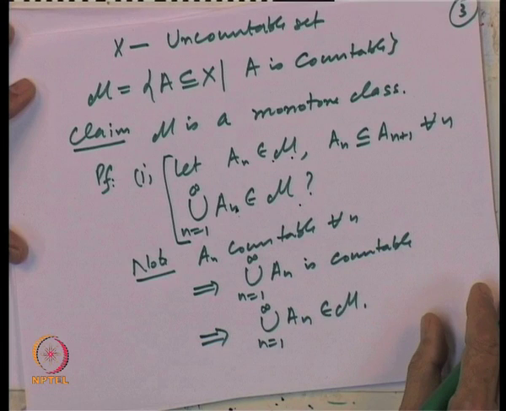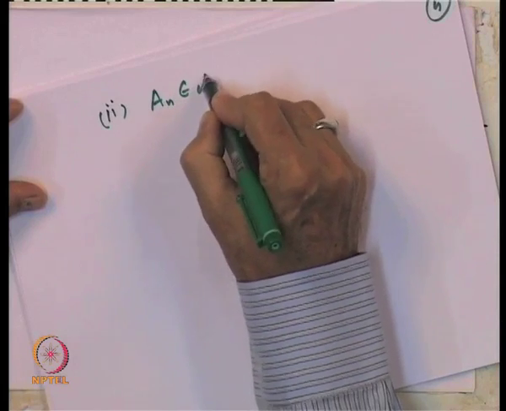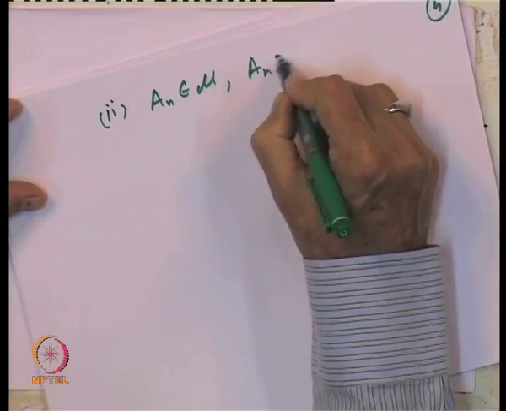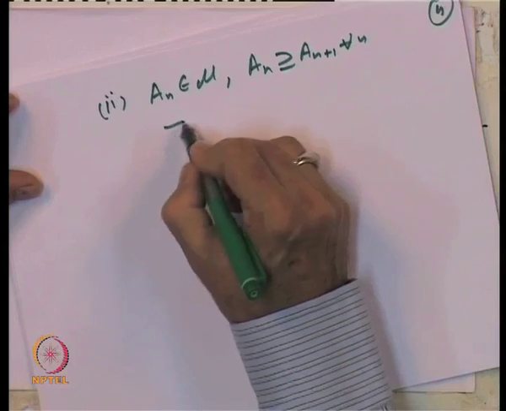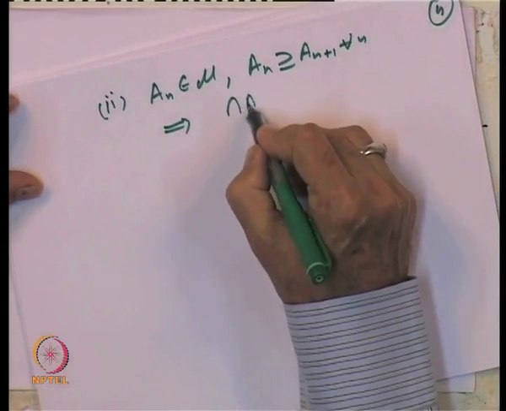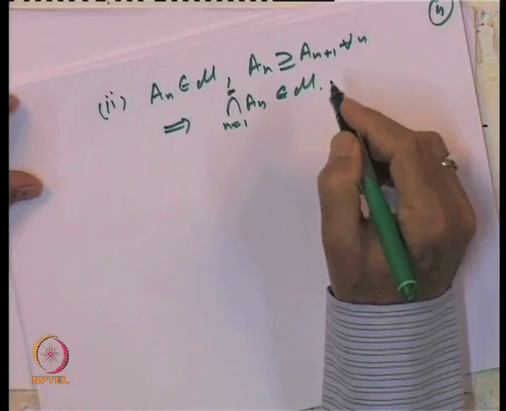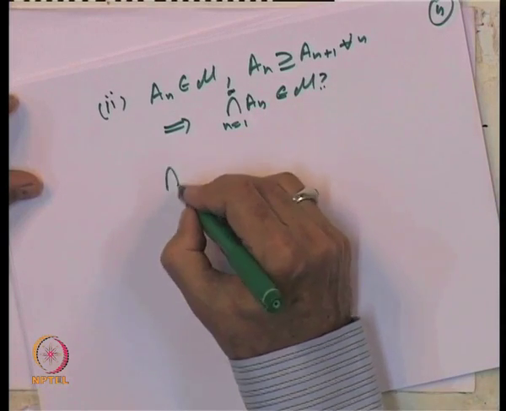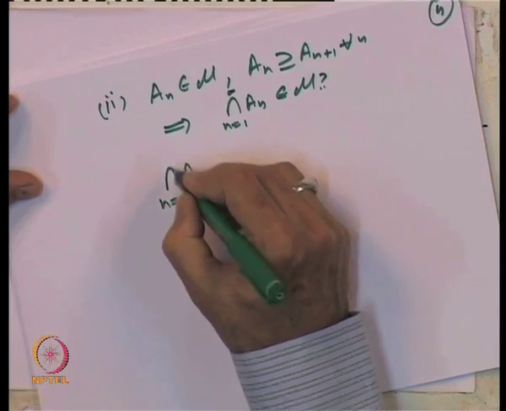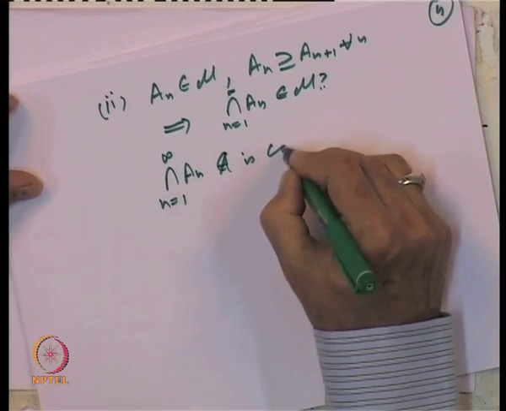Let us check the second property, that A_n belonging to M, A_n's decreasing for every n, should imply that the intersection of A_n's belongs to M. What we have to check is that the intersection of A_n, n equal to 1 to infinity, belongs to M, that means it is countable.